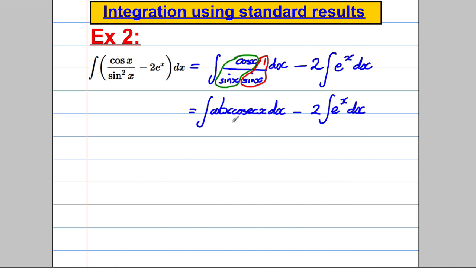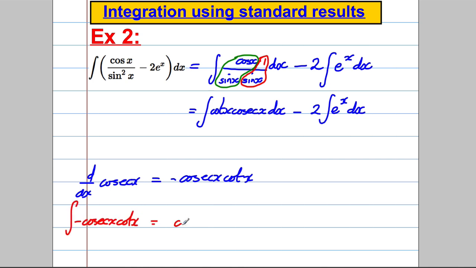We know that if we were to differentiate cosec x, what do we get? Well, we get negative cosec x cot x. Okay, so therefore if we integrate negative cosec x cot x, we should get cosec x.